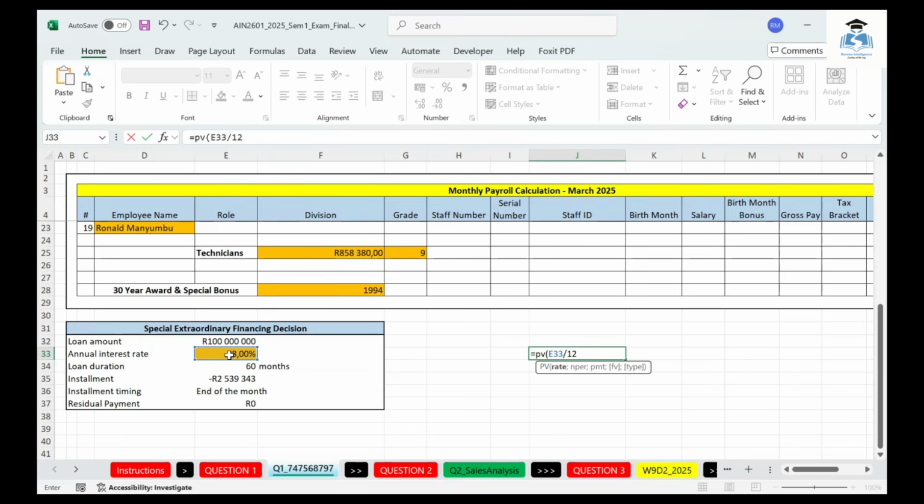So if we do that, then our period is 60 months, then our PMT is this, then our FV is this, then 0 at the end, and here we get this loan.